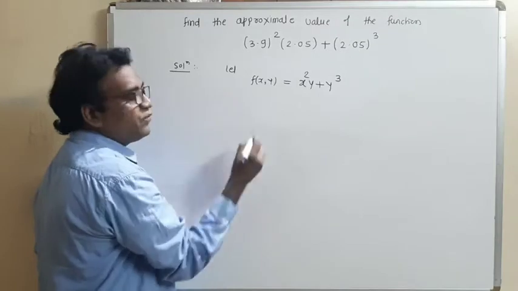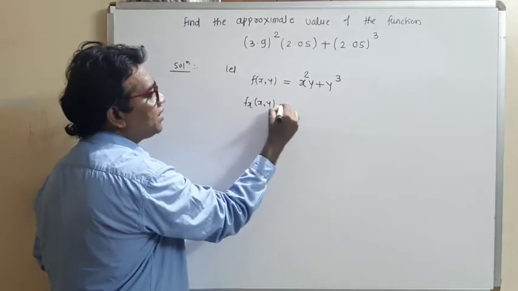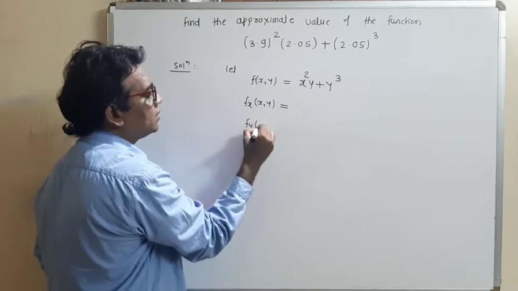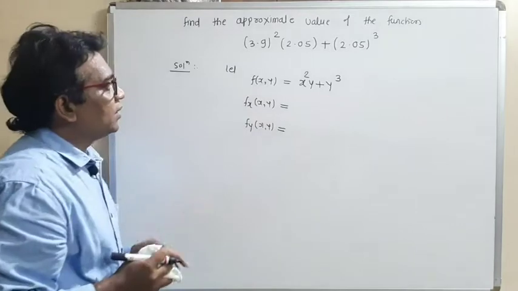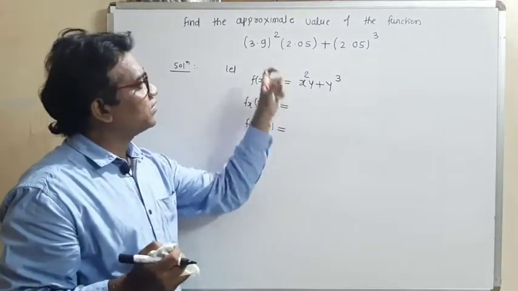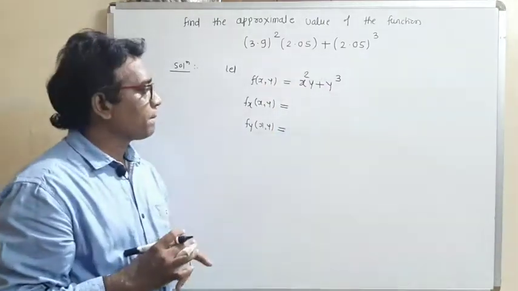Now from the given function f, first of all find out the partial derivative fx and the partial derivative fy at xy. What is the given function? This is x square y plus y cube.